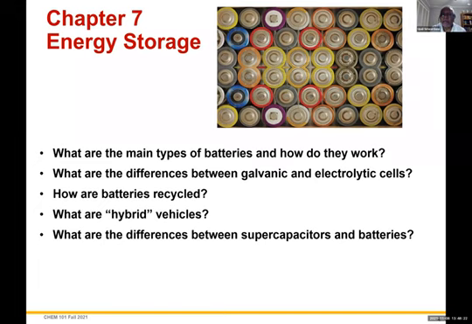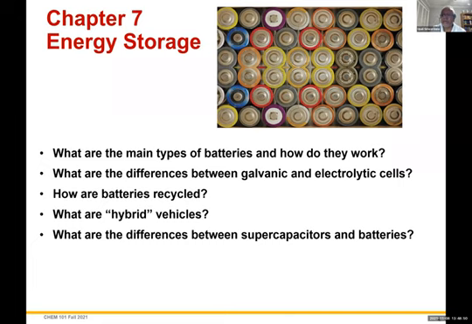They have more electric charge. They can be used to power up certain circuits, certain devices. So supercapacitors and batteries do the same thing, but their origin of electricity is different.